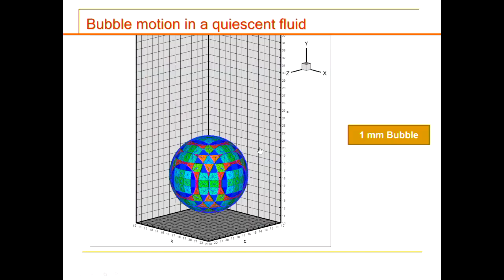Okay, this is another example of, again, a very simple problem, but there's actually a lot of development behind this. This was developed by one of my PhD students looking at how to track a bubble in a stationary fluid. It sounds so boring, but he spent 6 years developing this.